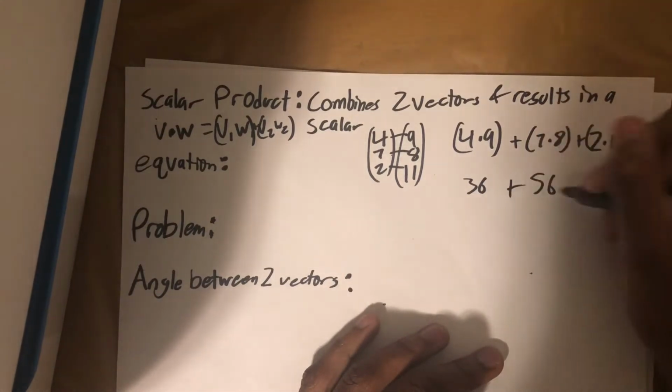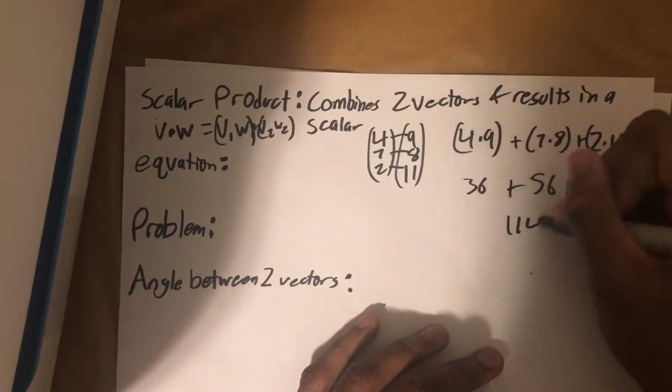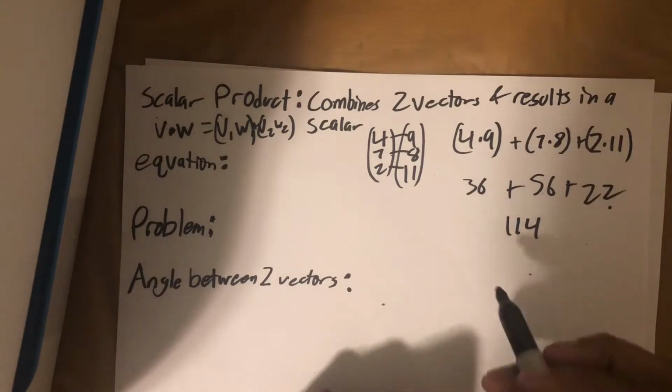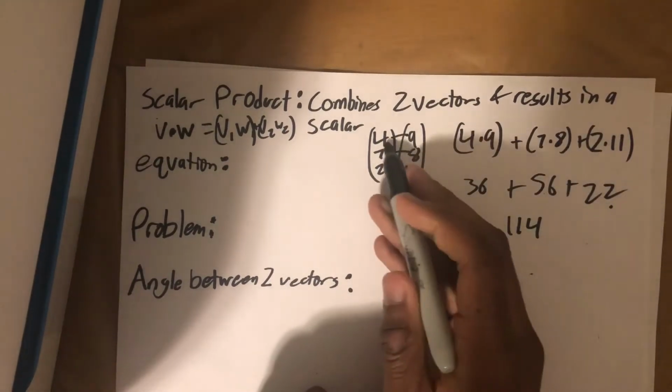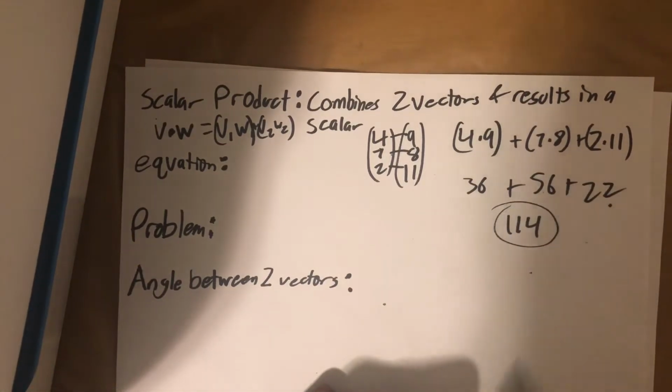Then you add these all together and you get 114. This would be your dot product. It took these two vectors and, through a little process, made one scalar.